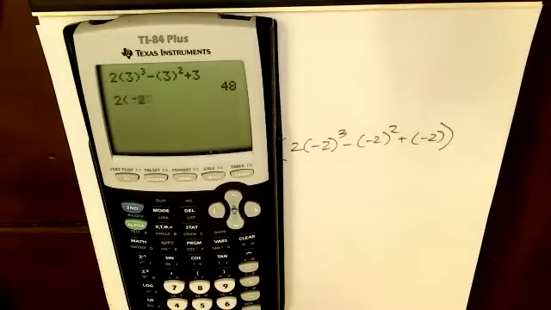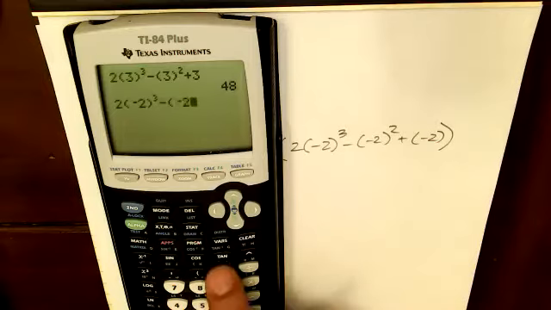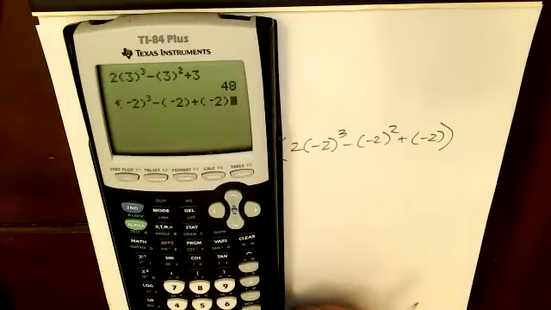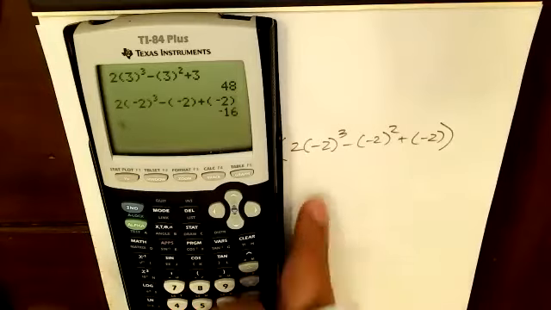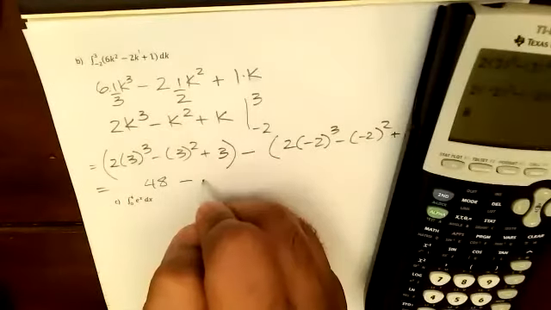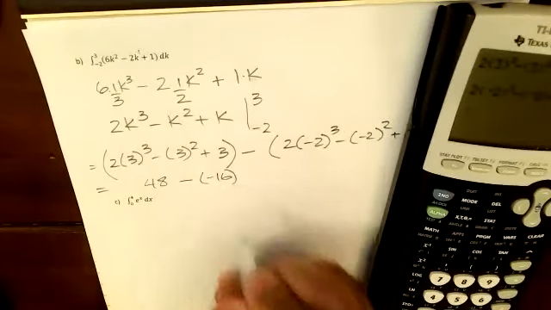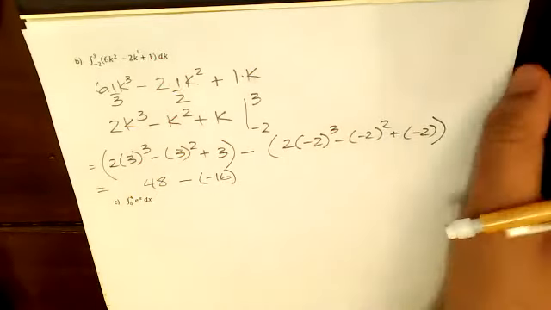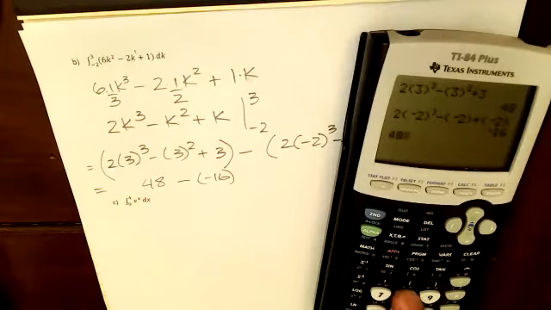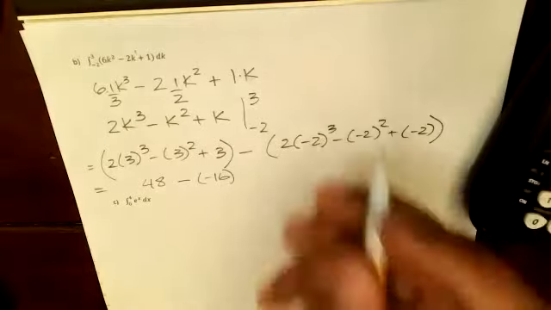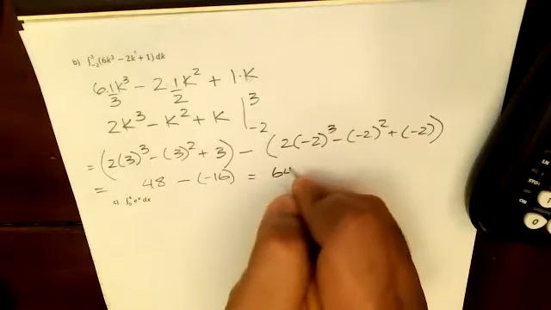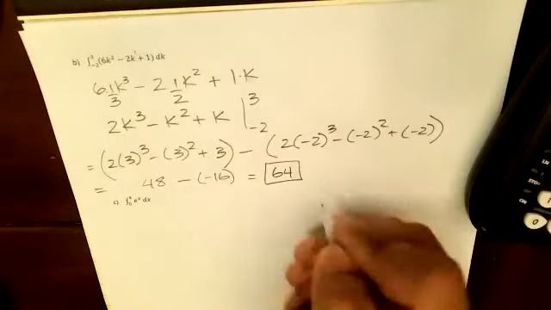So 2 times -2 power 3 minus a -2 squared plus a -2. That gives me -16. So 48 minus -16 will be the same thing as 48 plus 16, which will give me 64. So my answer is 64.